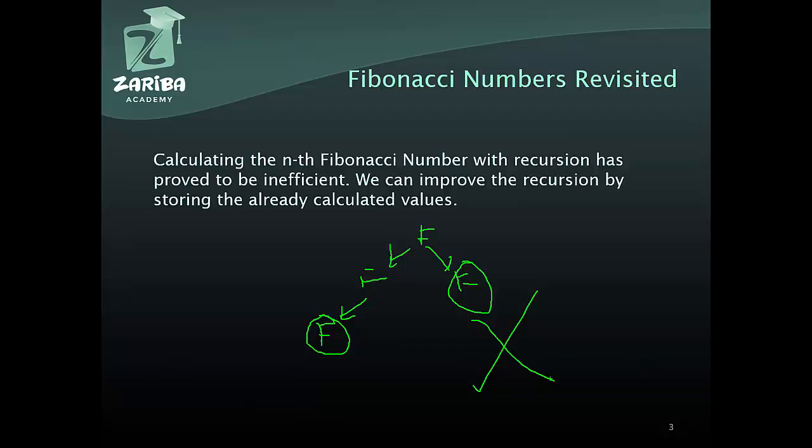Is there a way to tell the program not to go into this calculation again? So any ideas on how to do that? We've already calculated f of n minus 2, and here we would have to do it once again. So does anyone have an idea on how to do that?